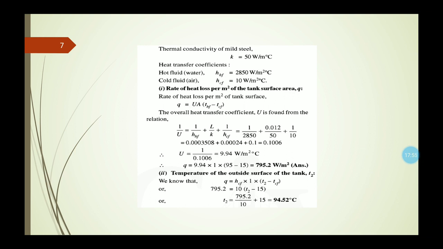From this equation, all the values are known to us except T2, which we need to calculate here. After putting all the values in this equation of Newton's law of cooling, we will be able to calculate the temperature of the outside surface of the tank. It is 94.52 degrees centigrade.